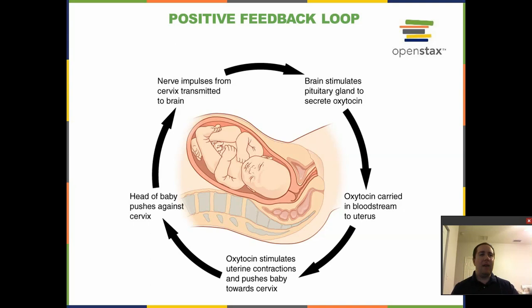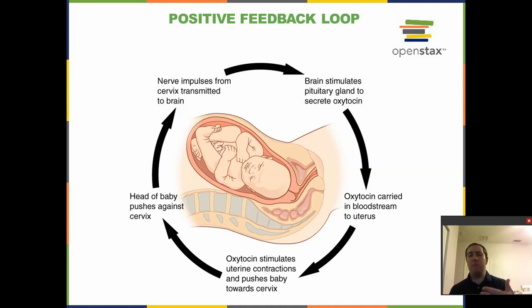And as the baby's head pushes against the cervix, it causes more oxytocin to be released. More oxytocin causes more contractions, which pushes the baby harder, which releases more oxytocin, which causes pushing harder and harder and harder until the baby is born.